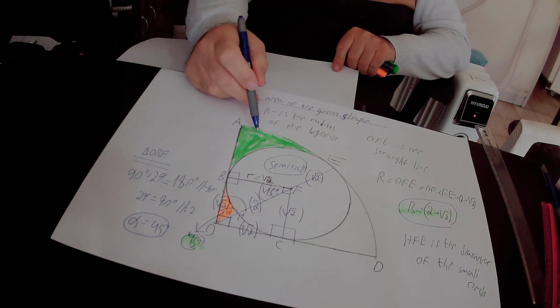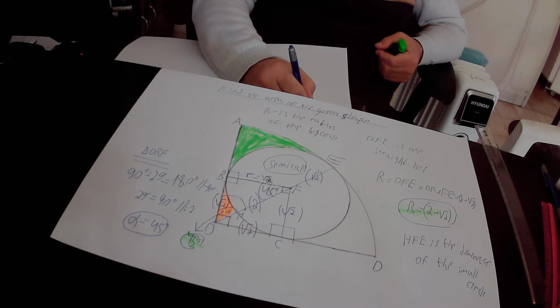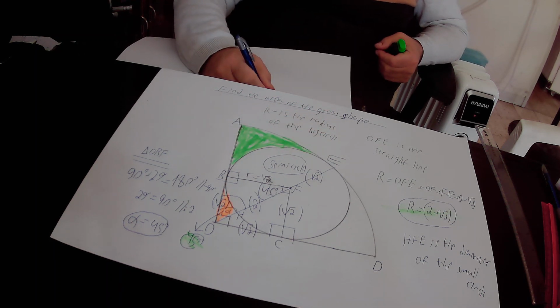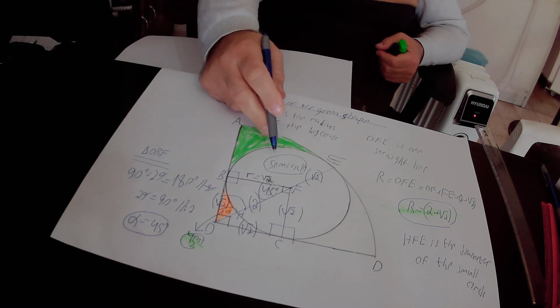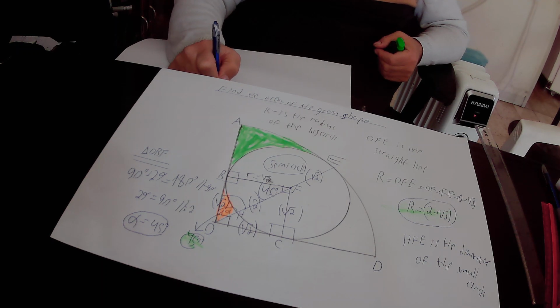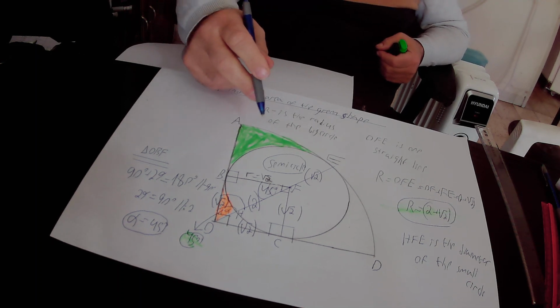Our mission is to find the area of this green shape. I repeat again that the area of the green shape is equal to the area of the big sector AOE that we have already found, minus the area of this small semicircle that we have already found, minus the area of this orange shape HBO that we just found.